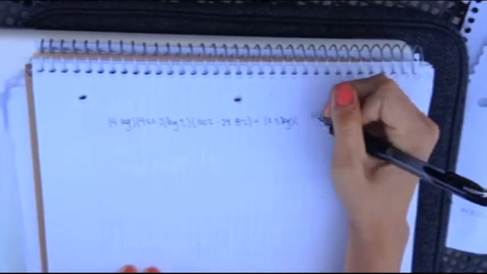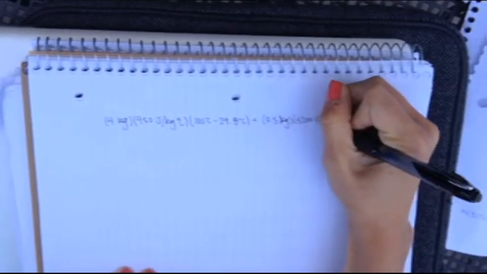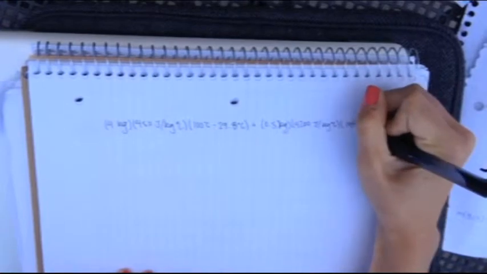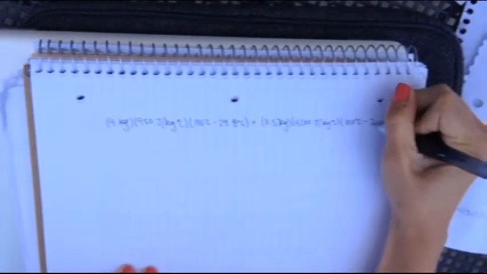And then we have the mass of water times its specific heat times its temperature change, which is the same as that of the iron bucket.